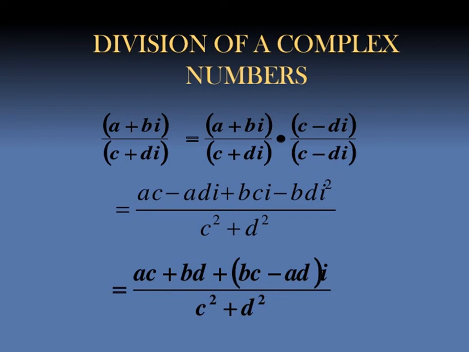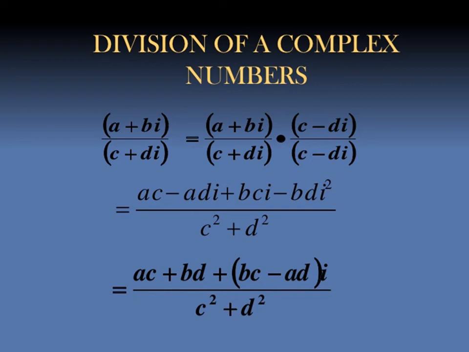c minus di into c plus di becomes like the formula for a plus b into a minus b, which you already know, that is a square minus b square.